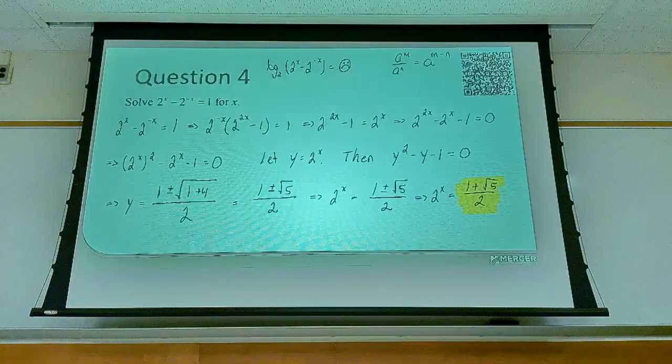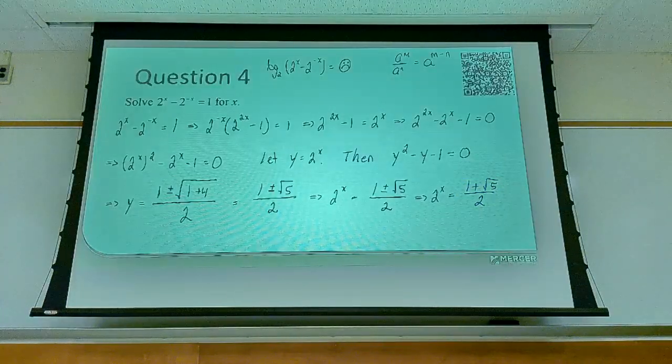It's my favorite number. It's the golden ratio.